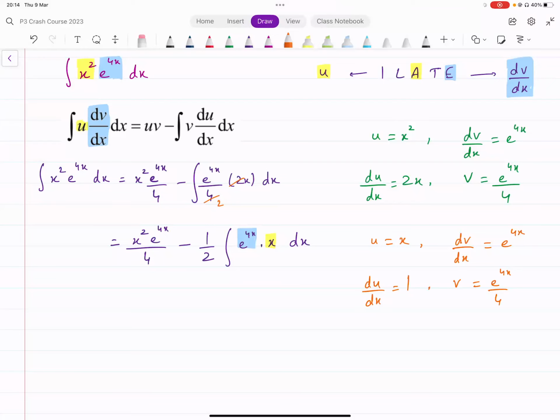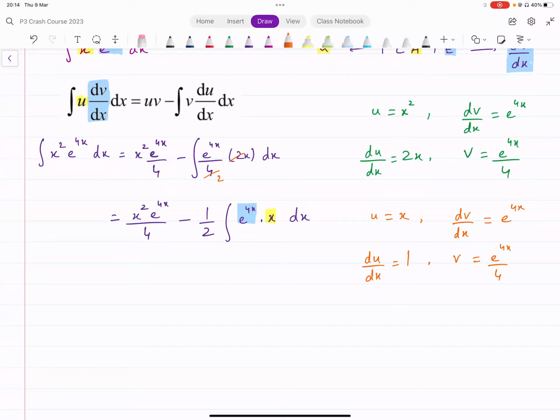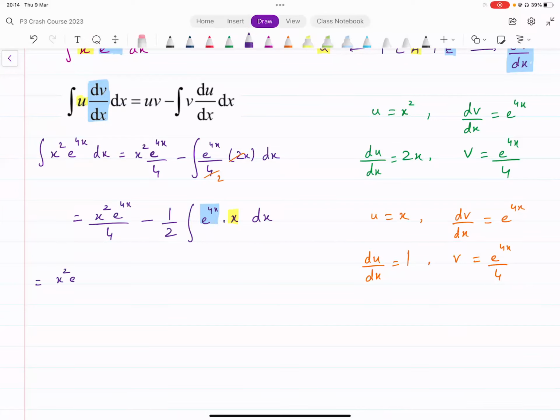All right. Now we input these values here again. Now outside this integral, we have the same thing as before. That will just stay as it is. x squared into e power 4x divided by 4, that stays as it is. We have minus 1 over 2, that also stays as it is. And now inside the brackets, we're going to apply that formula again.